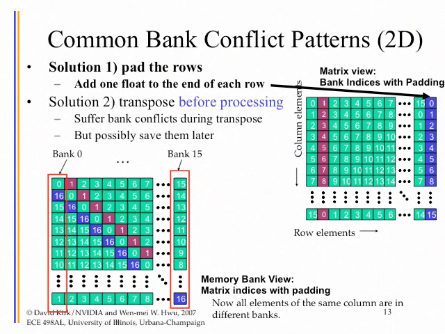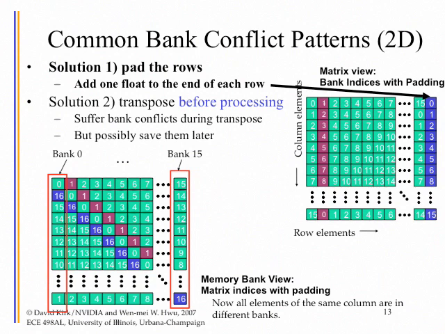Another intuitive solution that people often suggest is that you can transpose the matrix. If you know that each thread is going to be accessing a row, then you can transpose the matrix so that they will end up accessing the columns. As they access the columns, they will be walking through consecutive locations in a row, right?